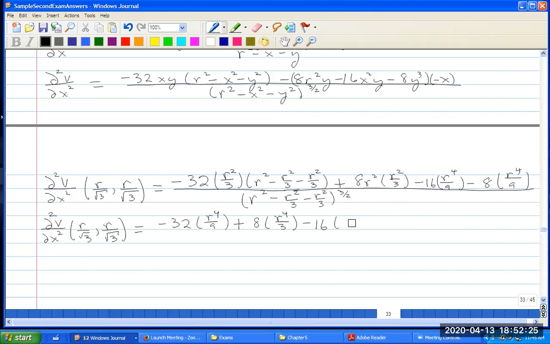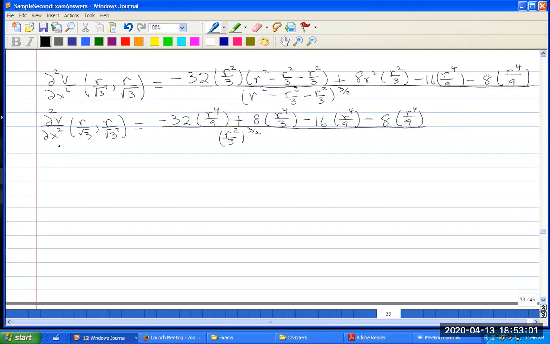We'll get a whole bunch of the same things. Minus 8 r to the 4th over 9 divided by, well, again, r squared minus r squared over 3 minus r squared over 3 is r squared over 3, to the three halves.